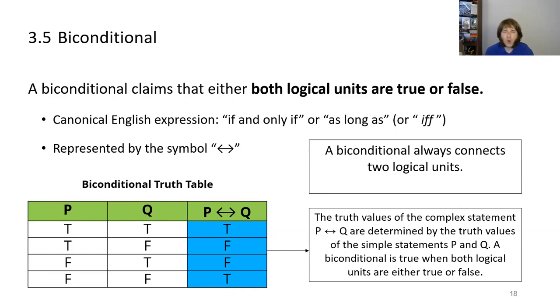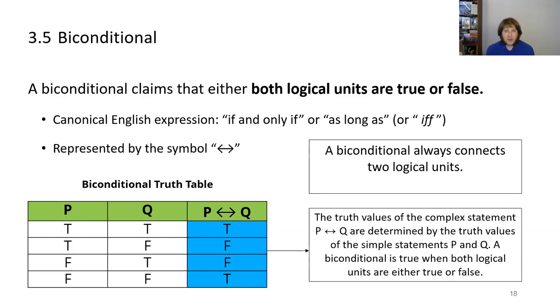P is true if and only if Q is true, right? So what that means is you can't have one be true without the other. It's really just saying the one is true if and only if the other's true, and vice versa. P is only true as long as Q is true.